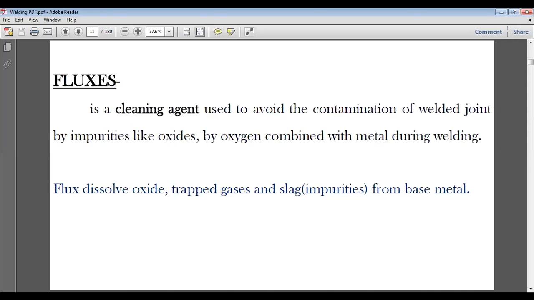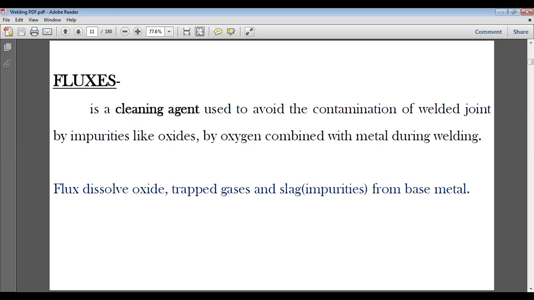In that case, the metal is slightly melted, and the molten metal is highly exposed to the oxygen of the environment, and it is very fond of associating with oxygen and forming metal oxide. So the main problem with welding is that when we melt the metal, we have to keep it intact from the oxygen of the environment.